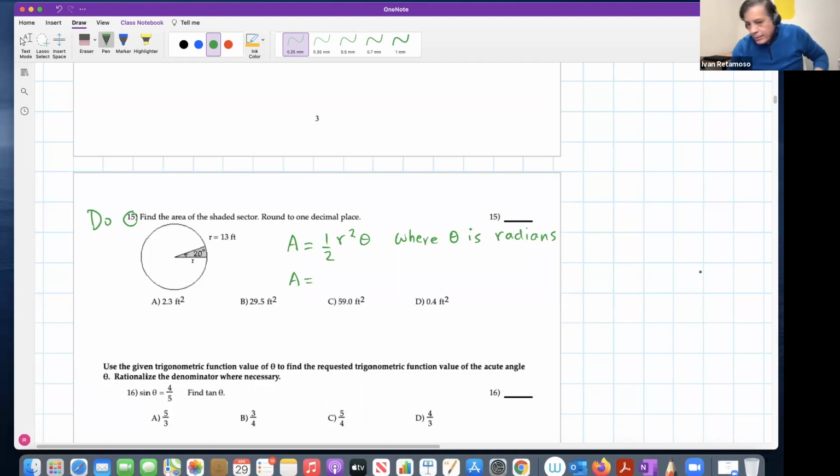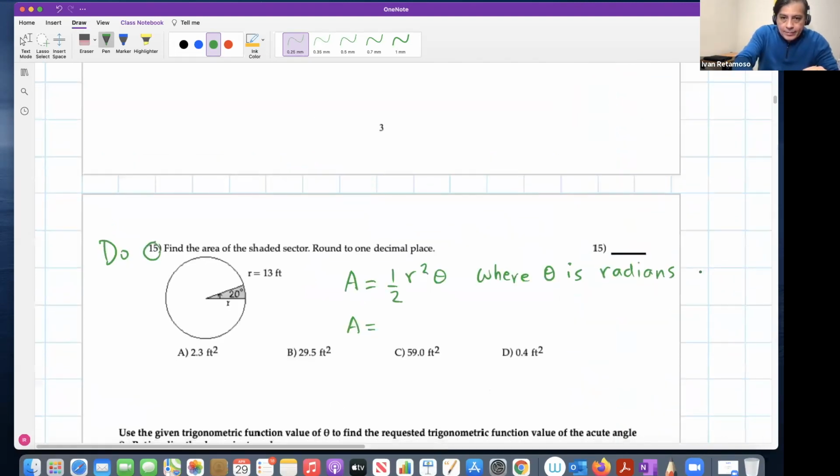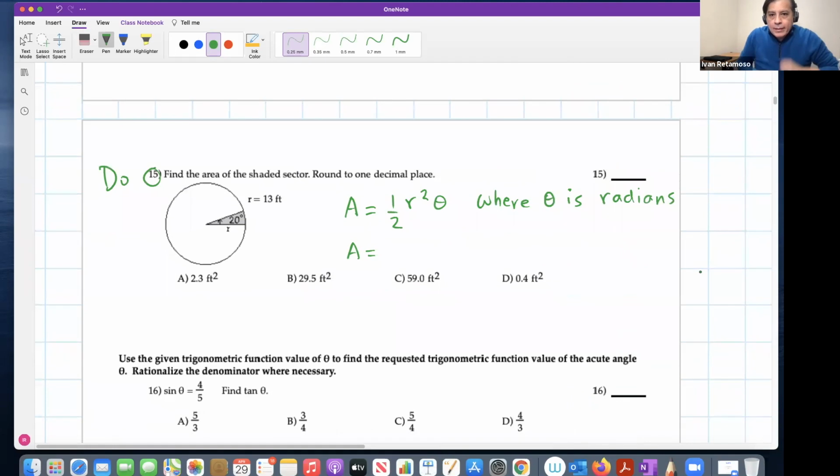In case you don't see this well, I can make it bigger. That's better, I think. Now everybody can see it.